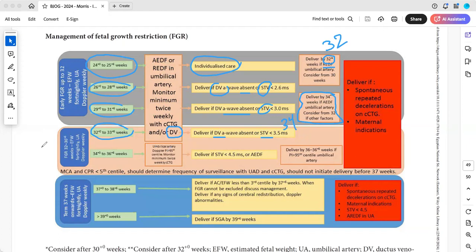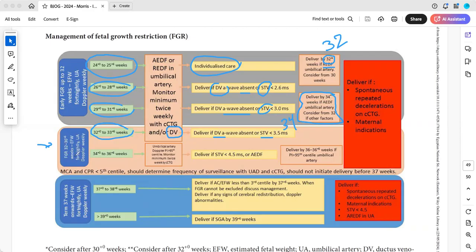How about late onset FGR? I discovered a baby small for gestational age or even severe, and it was found to be FGR, okay? After the 32 weeks and before 37, I call it late FGR.